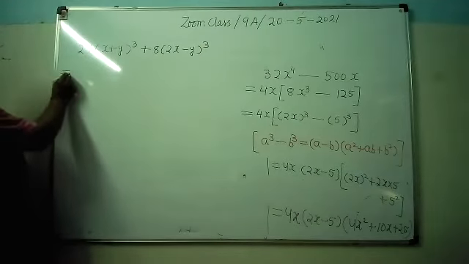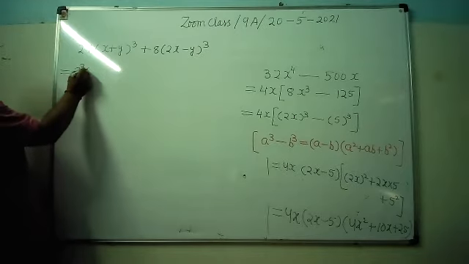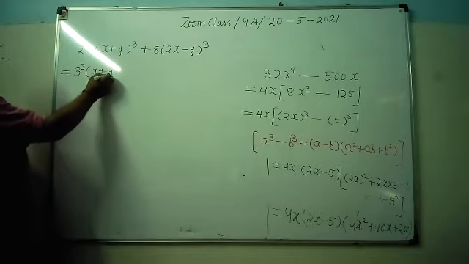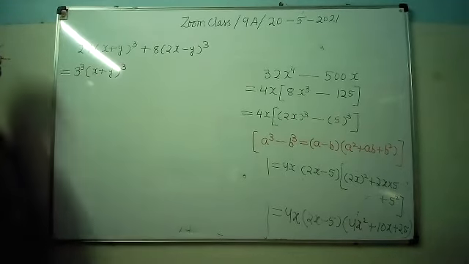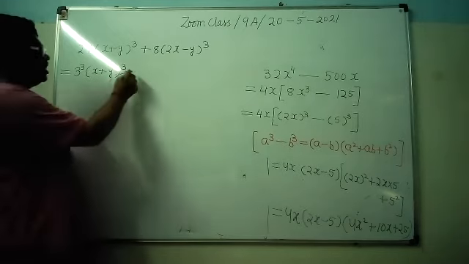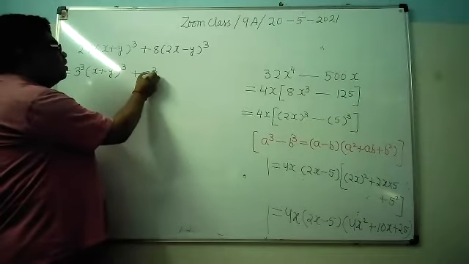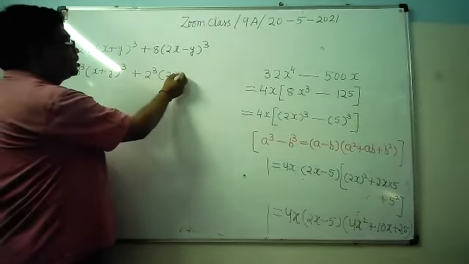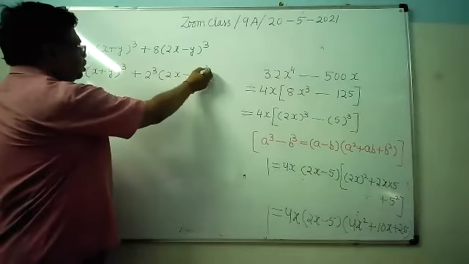Now 27 can be written as 3 cube. It is x plus y whole cube. And 8 can be written as 2 cube. It is 2x minus y whole cube.